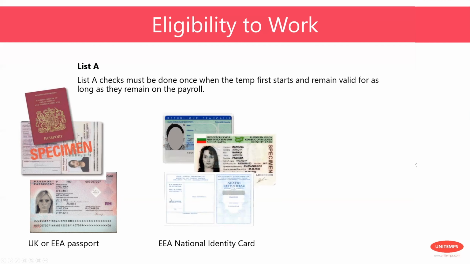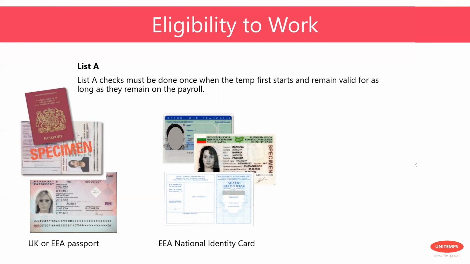You may also see EEA national identity cards. They are quite varied. They're normally around credit card size, some can be a bit bigger. Some will be fancy biometric cards with details on the front and back and everything.